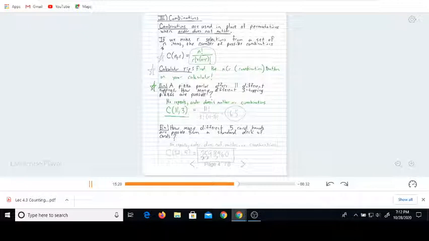So that'll be 11 factorial over 3 factorial times 11 minus 3 factorial. Let me compute that. And you get 165. So if there's 11 different toppings to choose from, then there's 165 different 3-topping pizzas that are possible.